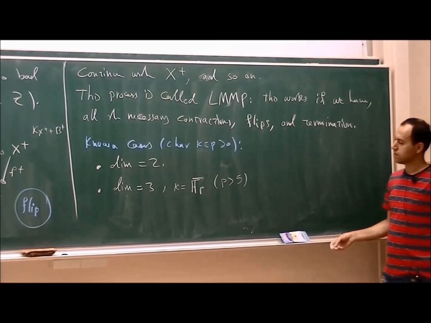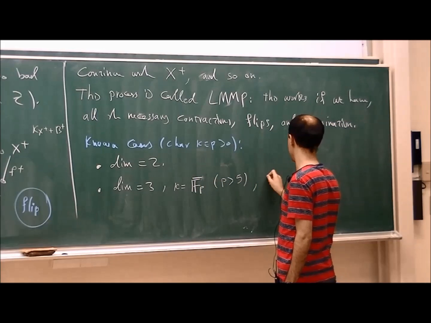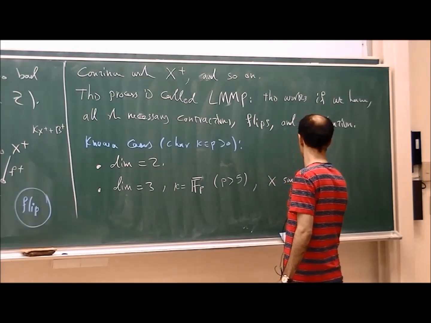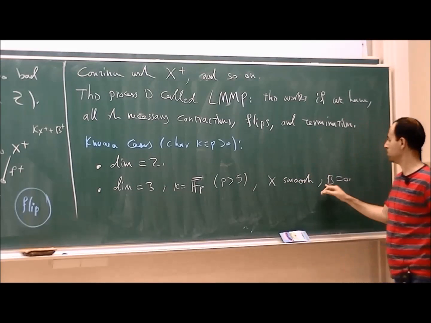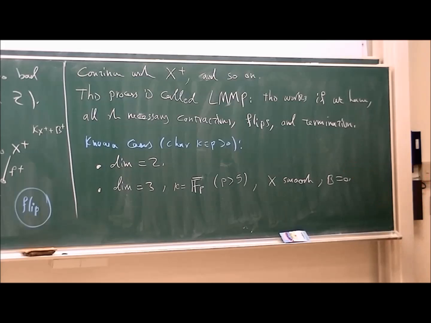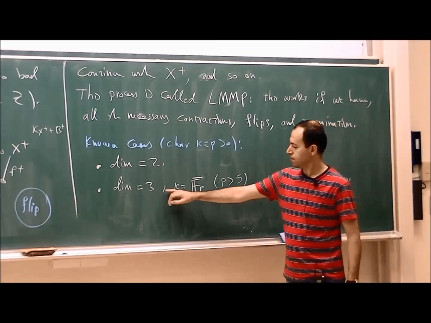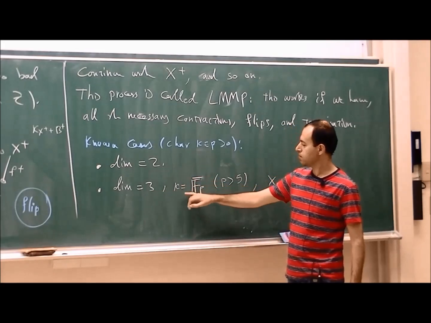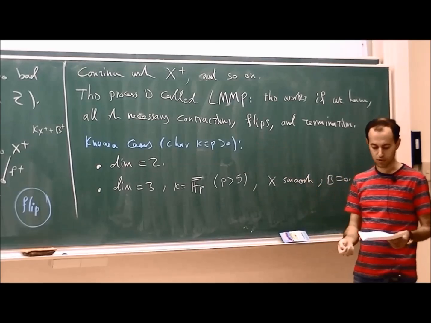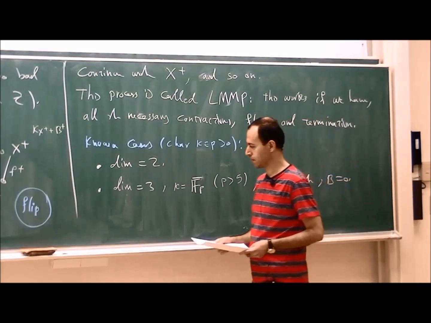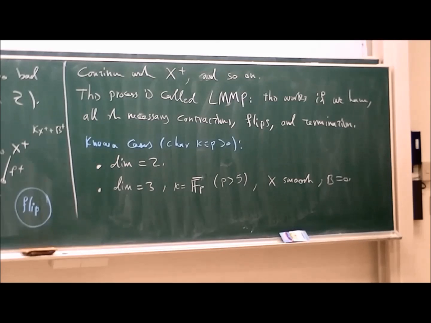So in this case also everything works at least when X is smooth. And the B is just equal to 0, or otherwise you need to put some strong conditions here. So in dimension 3, if K is more general, then there is something weaker than this, which is more difficult to state. So anyway, there are not so many cases known, especially in positive characteristics.